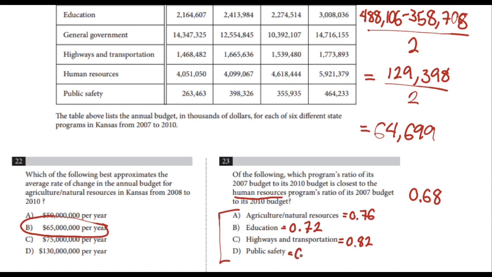And this last one's going to be 0.56. And as we can see, the number closest to 0.68 will be education, which is 0.72. This is the closest ratio. And the way that we found the ratio was we divided the 2007 figure by the 2010 figure for each category.